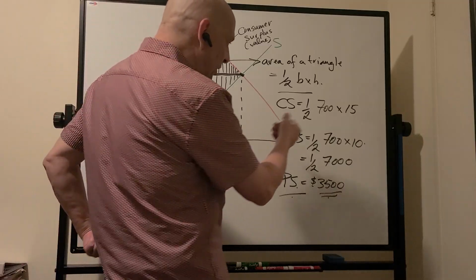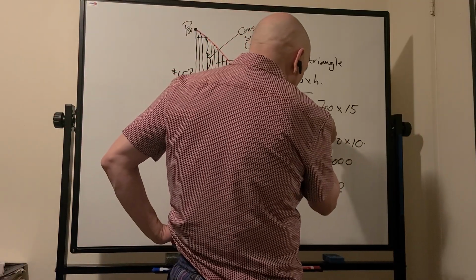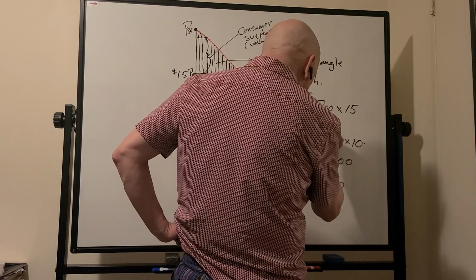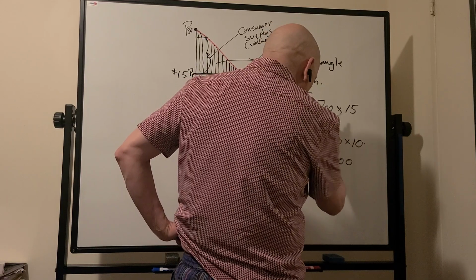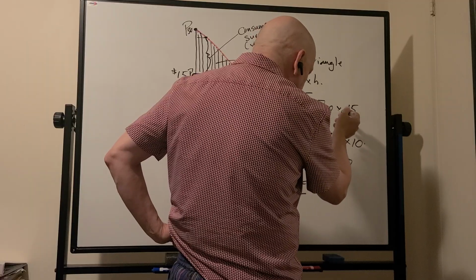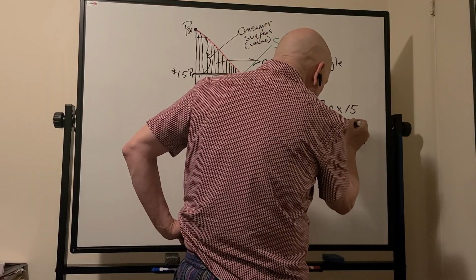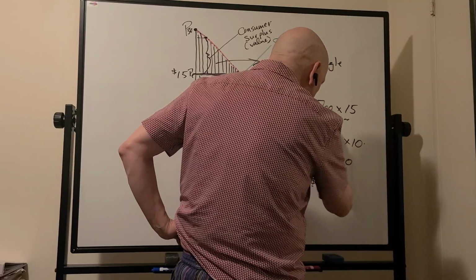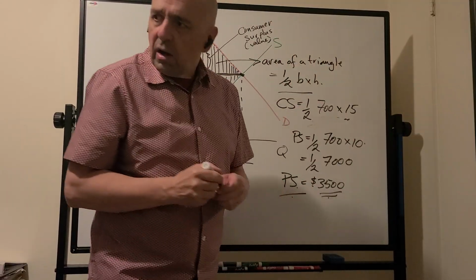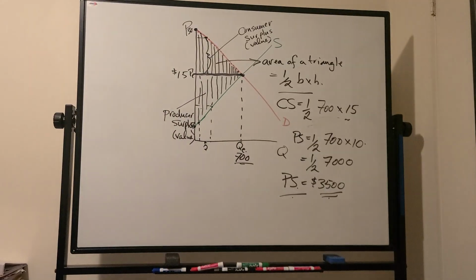Now for the consumer surplus, it's 1/2 of 700 times 15. Let's see, where do I have a calculator? Let's get a calculator in.